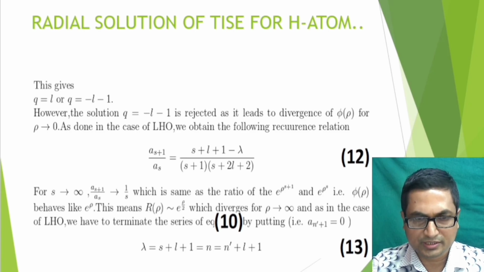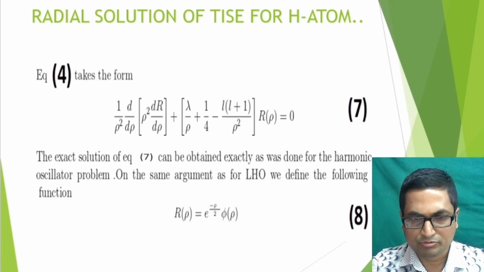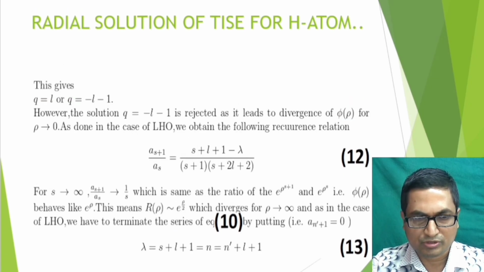So this means that our solution, putting back here in equation 8, since phi is equal to e to the power rho, we get that our R is equal to e to the power rho by 2, and if rho is infinity, then definitely this will be diverging.